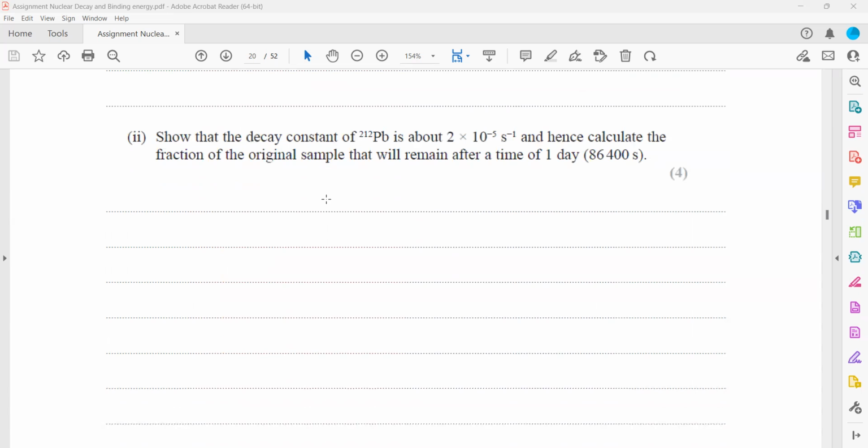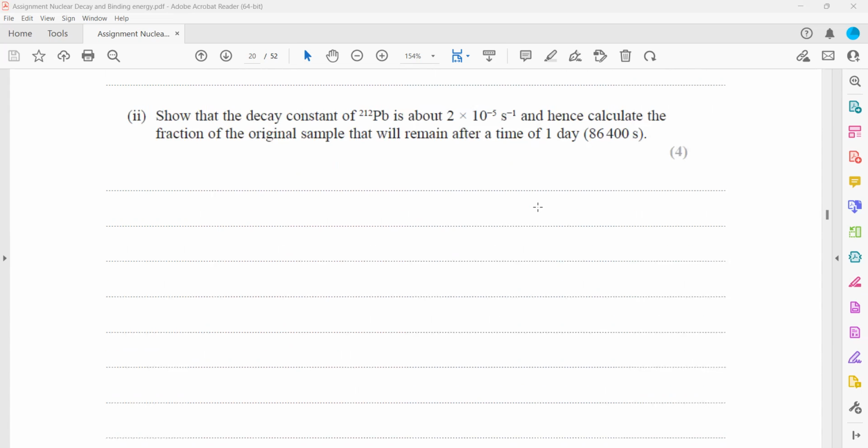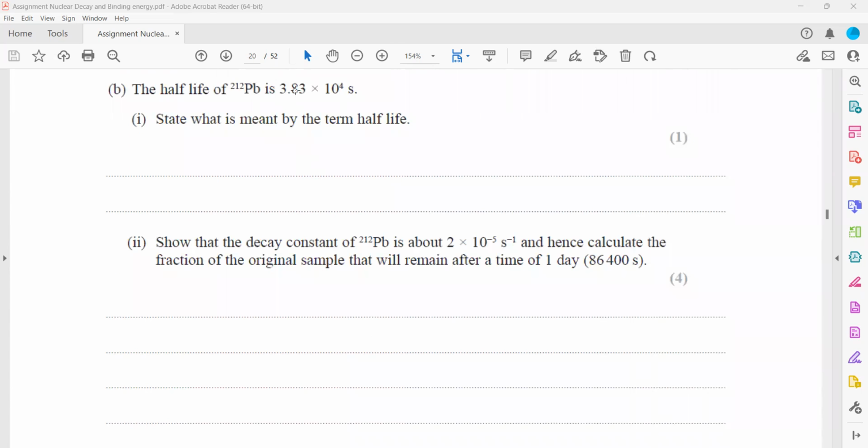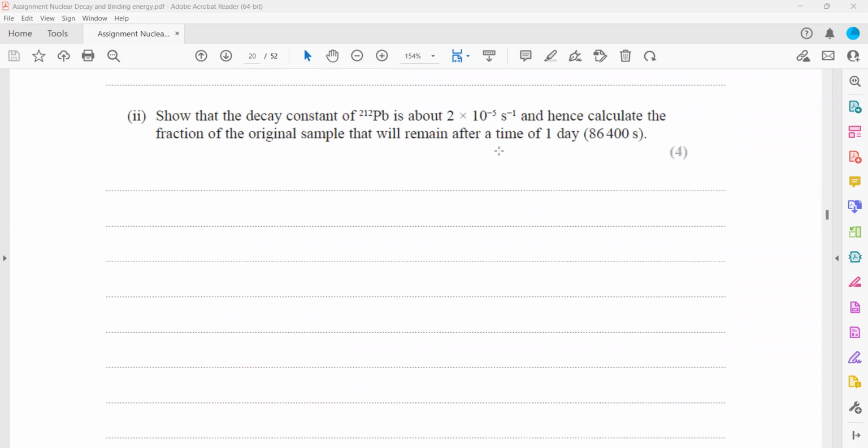Show that the decay constant for lead is about 2 × 10^-5. Hence, calculate the fraction of the original sample that will remain after 1 day, which is 86,400 seconds. So how can we work out the decay constant? We use the half-life, 3.83 × 10^4. We know that T half, the half-life, equals 0.693 divided by lambda, the decay constant.